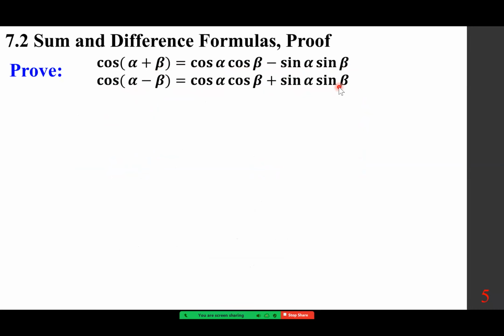So we are going to look at the proof right here. And we are going to look at cosine of alpha minus beta first. We're going to look at the proof of that.